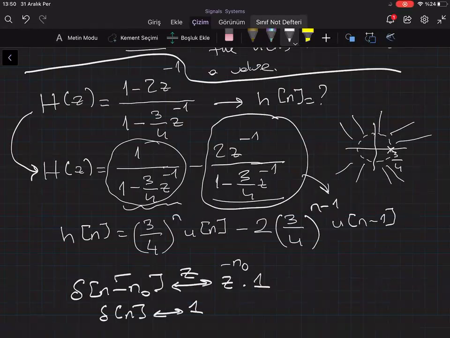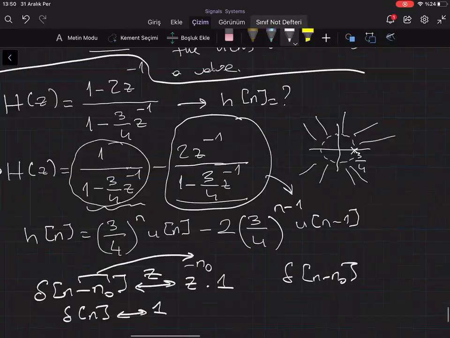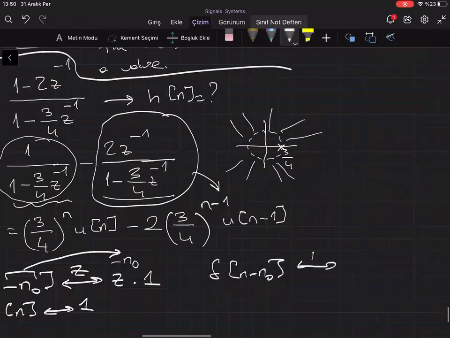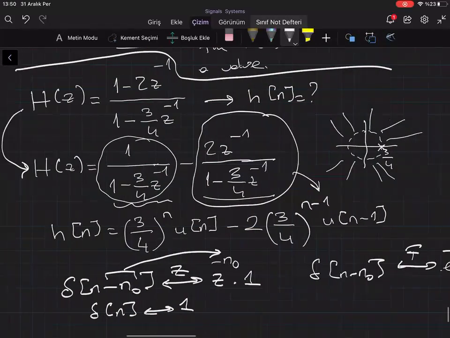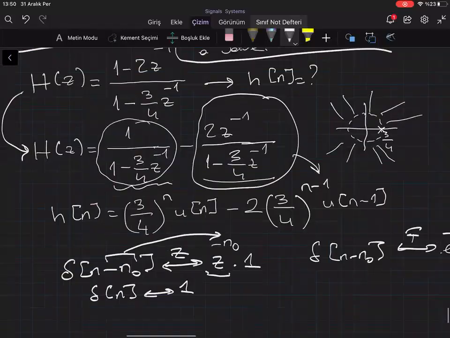If there is a shift like this, I put it over the z, just like we have done with n minus n0 for the Fourier transform. It was e to the power minus j omega n0 times 1, right? Similarly, I write z to the power minus n0.